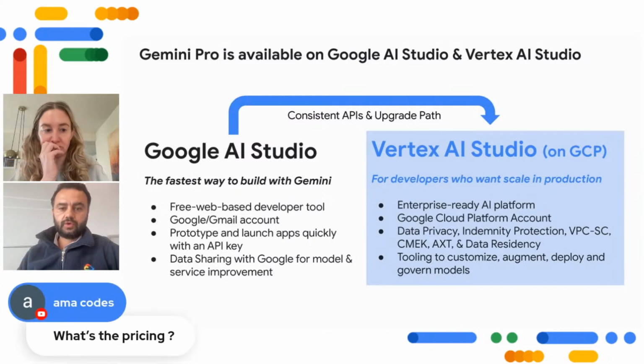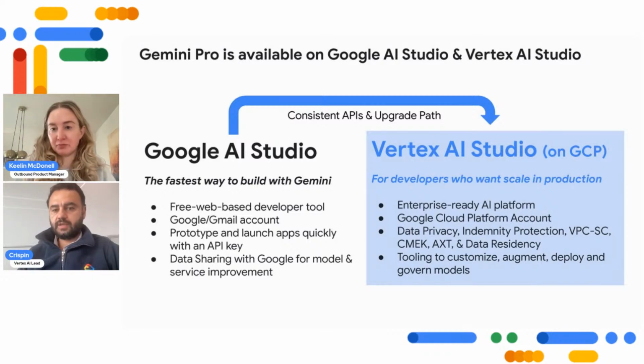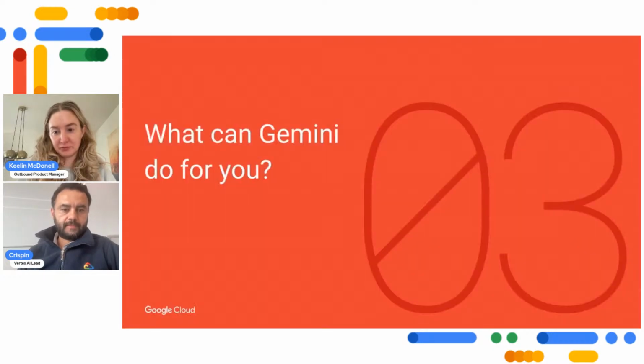You can use your Google Cloud platform accounts, data privacy, indemnity protection, VPC-SC, CMEK, and data residency as well. You've got a lot of tools to customize, augment, deploy, and govern your models. This means the full end-to-end lifecycle of building a generative AI system. You're going to find a lot of components to build end-to-end.